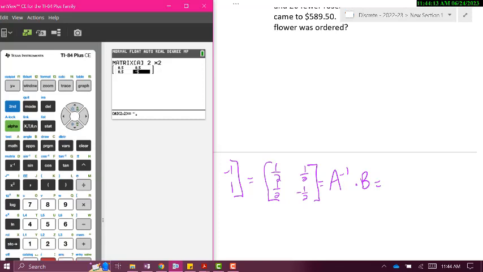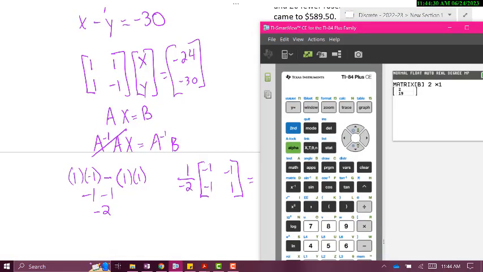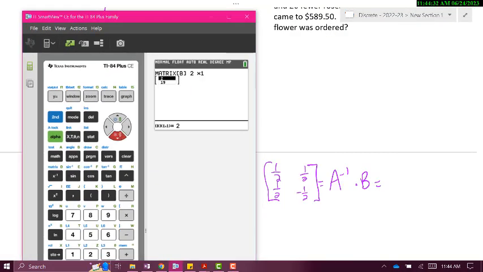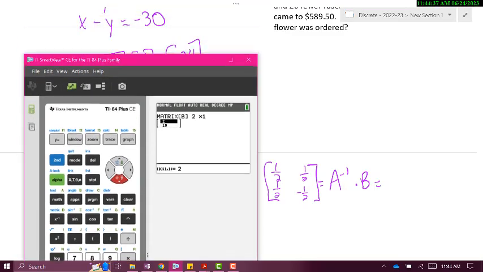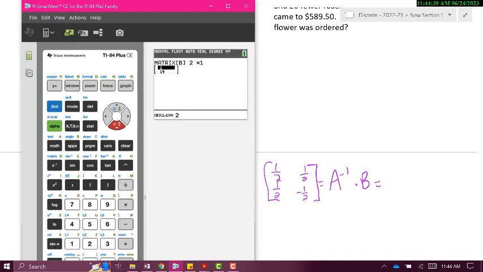And -0.5. And then we got to put our matrix B in matrix B. It is a 2 by 1, which is -24, and -30.